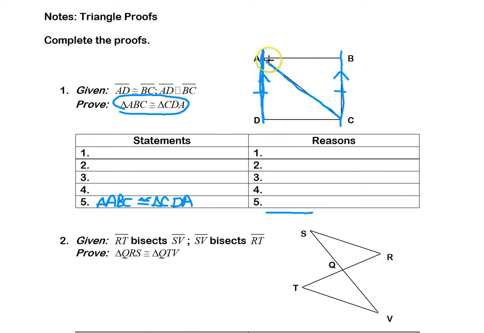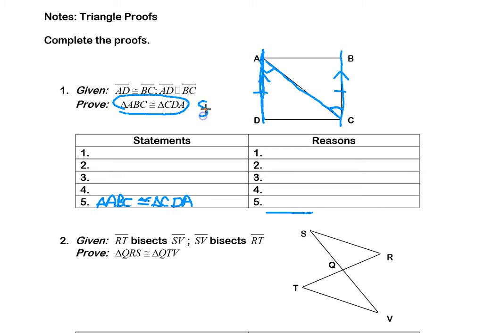We know this is a transversal going through those parallel lines, so we could mark alternate interior angles right here congruent. You could also mark the other ones, but we actually have enough information now, because we have a side, another side, and the angle in between them, so we could say these are congruent by side, angle, side.